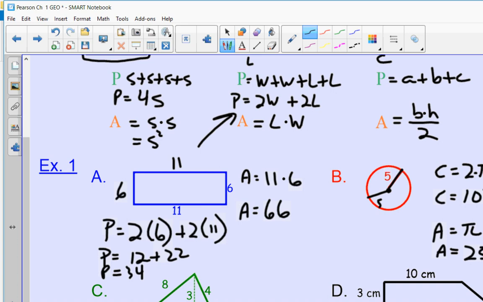Okay. For this one, I get 25 pi, so I'm going to change pi to 3.14, and I'm going to go ahead and multiply that out. Sorry, there's a 1 right here. Let me erase that, fix it so I don't get yelled at.